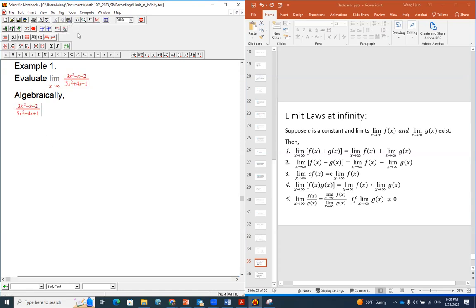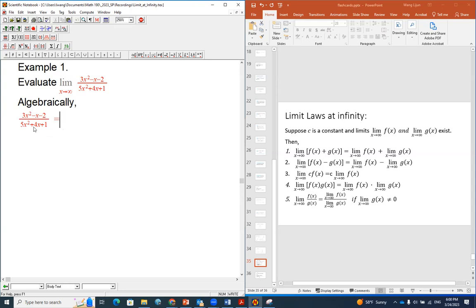For the algebraic part, remember we want to have limits where every individual piece has a limit. I'm making the font a bit larger. So what can we do about that? Well, we can multiply by 1. We use principle number 1, but this time I'm going to choose 1 over x squared.